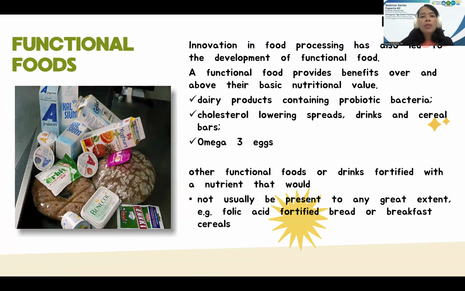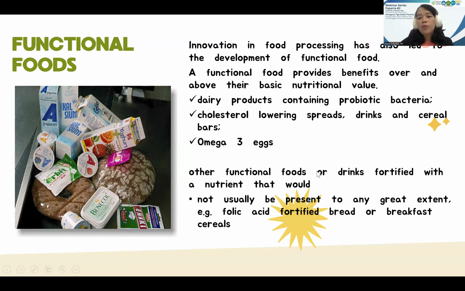The innovation of food processing has also led to the development of functional food. A functional food provides a lot of benefits beyond the basic nutrition value. For example, dairy products containing probiotic bacteria or cholesterol-lowering spreads, drinks, and cereal bars, and omega-3 eggs as well.